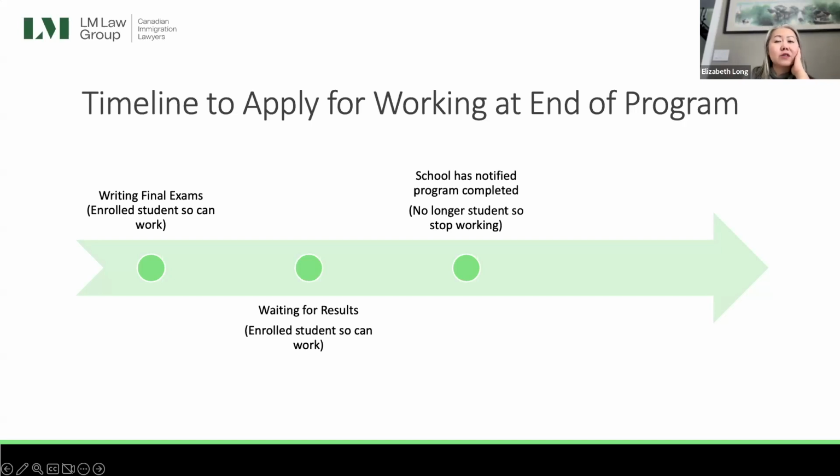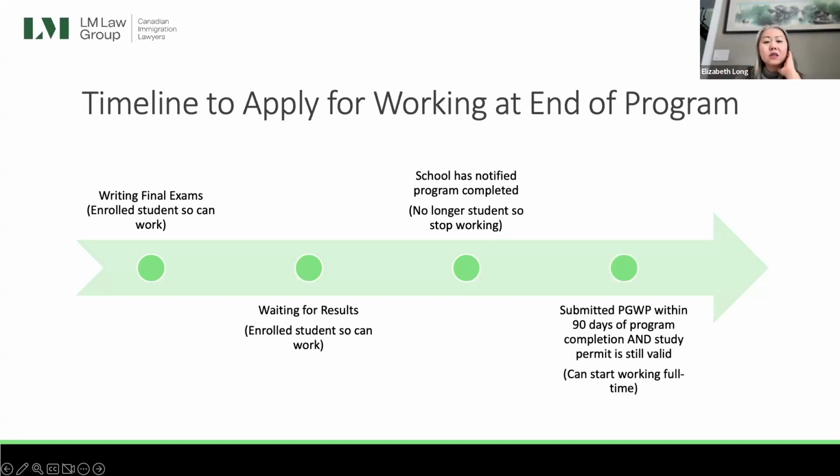At that point, IRCC says you completed your program, you are no longer a student. So once you receive the first notification from the school, whether it's on your portal, a letter or a transcript, the first indication, you have to stop studying then. And when can you start working again? If you submit your work permit application within 90 days of your program completion and while your study permit is still valid, you can start working full-time then.